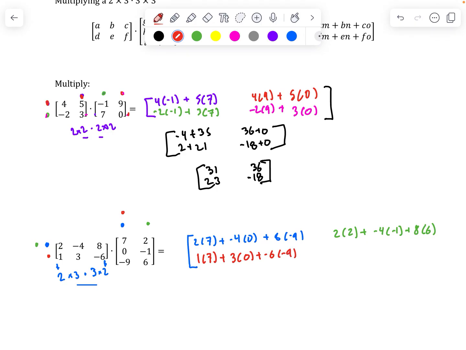And then we'll go into the pink. 1 times 2 plus negative 1 times 3 plus 6 times negative 6.